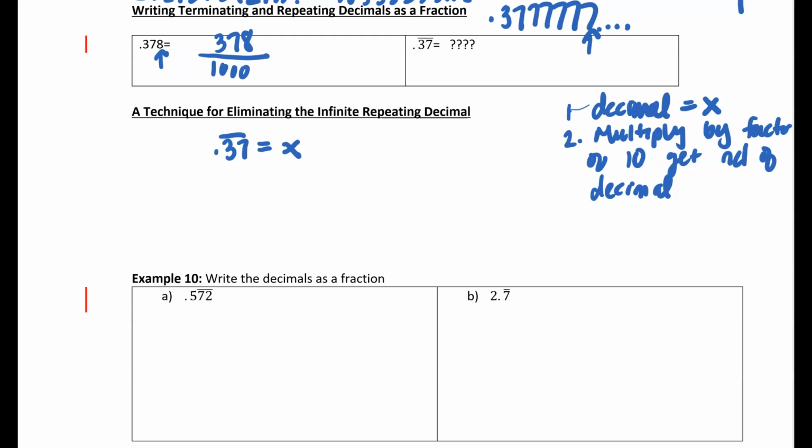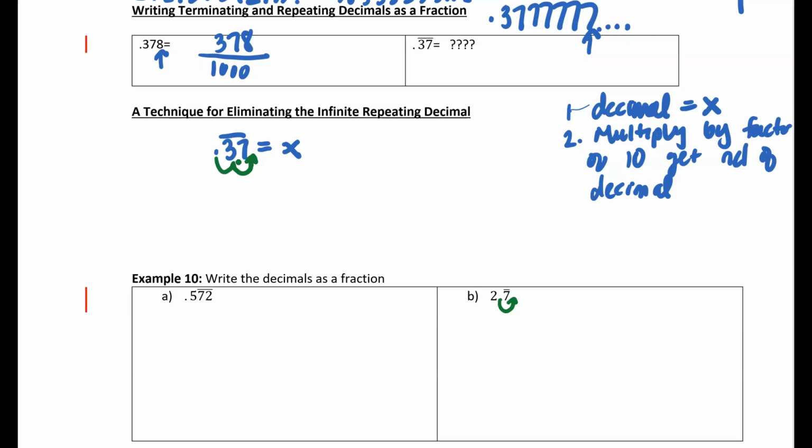I'm going to use a different color. You're going to take this decimal and try to move it to the right. We're just going to move that decimal so that it's at the end of the number. It depends on the decimal. In this case, that means 2 places. If you have a decimal like this one down here, that would be 1 place. This decimal down here, we'll talk about that in a minute. But you want to get it so that it's at the end of the repeating part.